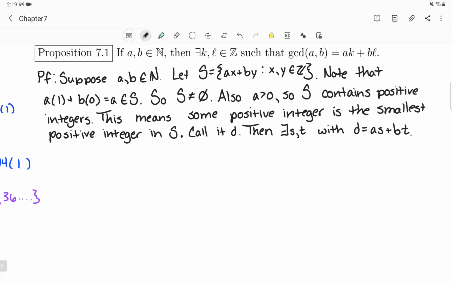So this was all set up, okay? But here's my claim. D is actually the thing we want. That is actually the GCD of A and B, okay? So that's what we have left to prove.